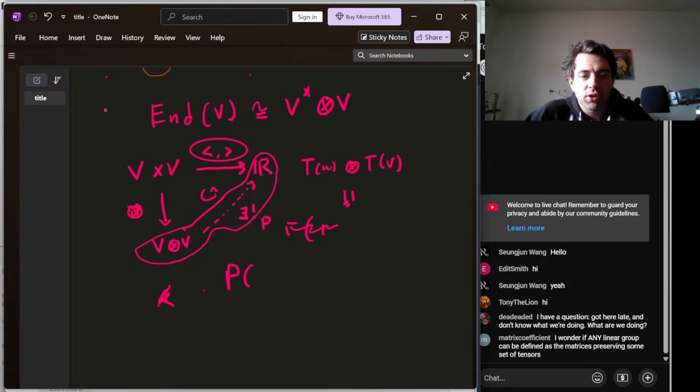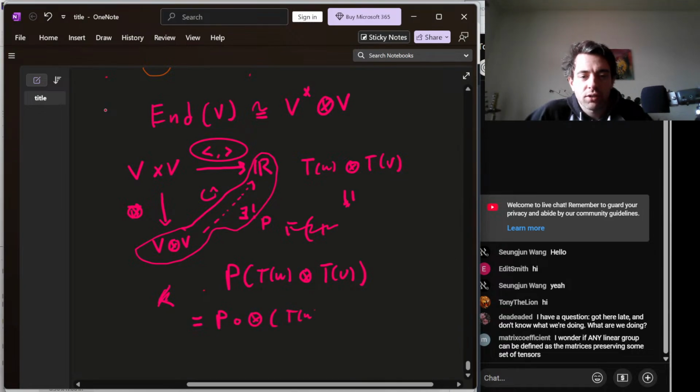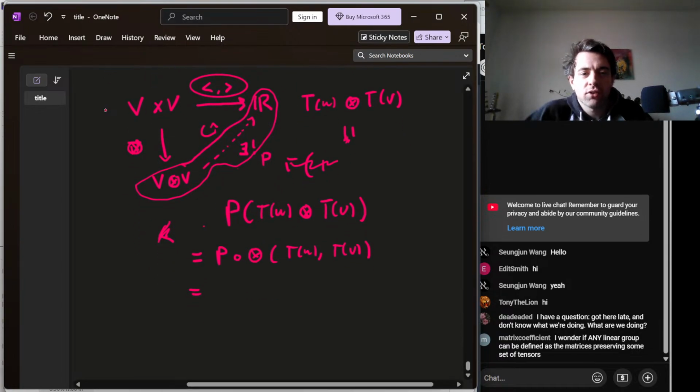So suppose I apply the pairing map to TU tensor TV. Well, that is the pairing map composed with the tensor map of TU, TV. And so what is that? Well, by this commuting diagram, that should just be the pairing of TU, TV.